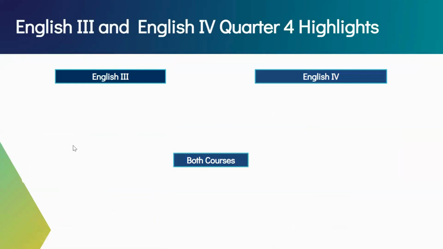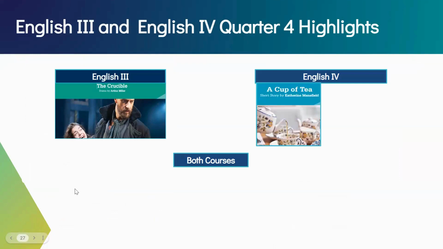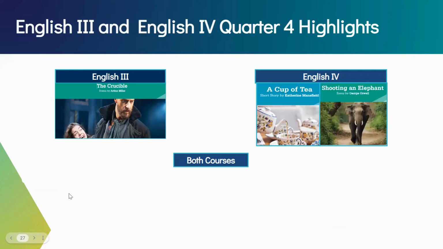For English 3, the students are going to be reading The Crucible for most of Q4. Some highlights for English 4 are the short story, A Cup of Tea by Katherine Mansfield, and the personal essay, Shooting an Elephant by George Orwell.